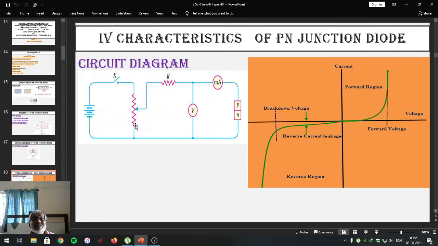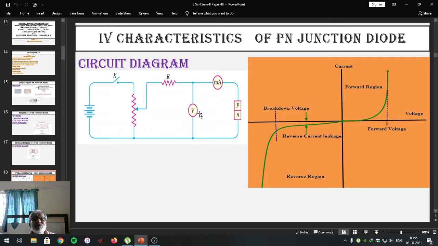We have to increase the voltage provided to the PN junction diode, from say 0.1 volt, 0.2 volt, 0.3 volt, 0.4 volt, 0.5 volt, 0.6 volt, like that. But if it is a silicon diode, when the voltmeter indicates up to 0.2 volt or 0.3 volt, no current flows.